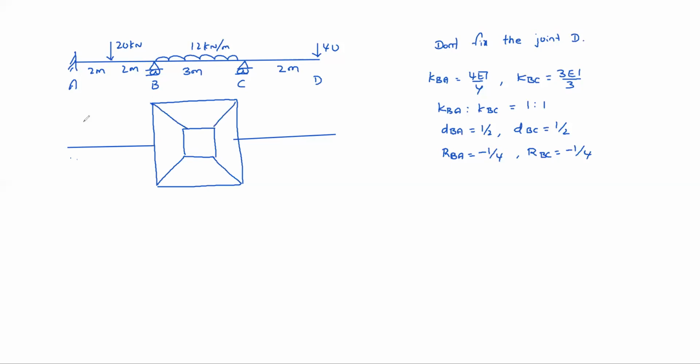How much? Minus 10 plus 10, minus 9 plus 9. Here this means A, B, C. Here at C, 40 into 2, how much? At C, moment 40 into 2, 80 moment will be there at C joint, right?